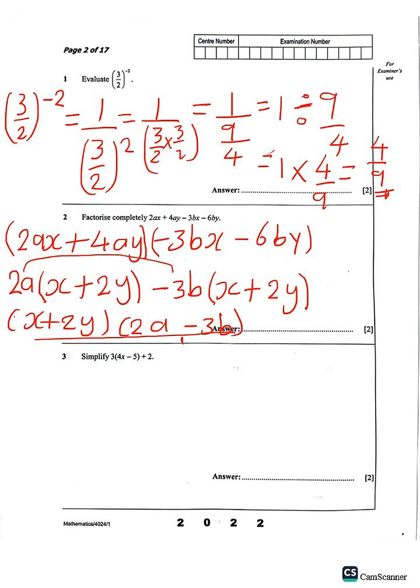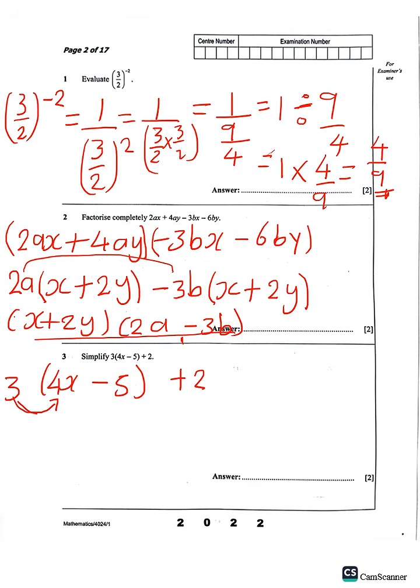Now let's move on to question 3, simplify. So we are trying to make it simple. The first step, we are going to multiply 3 by 4x.